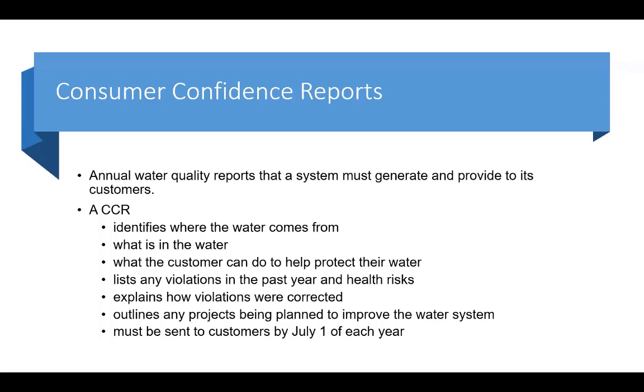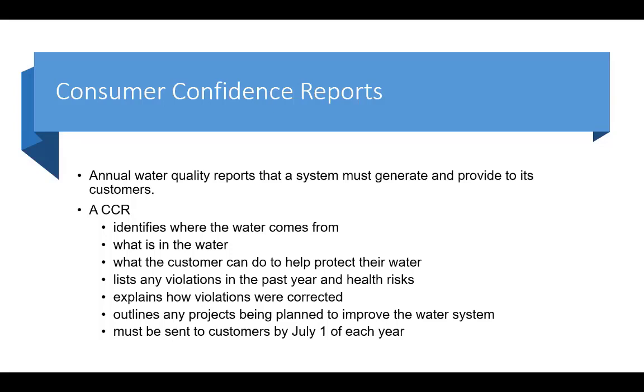The consumer confidence reports should also outline any projects that are planned to improve the system. Those of you that are in 483 and recently did the scavenger hunt and visited the East Lansing wastewater plant saw that the outfall is very, very new.